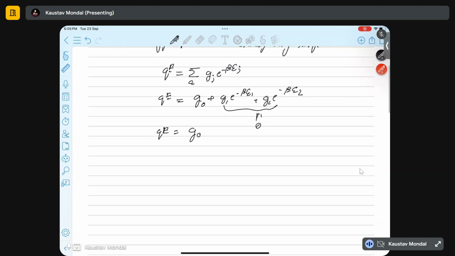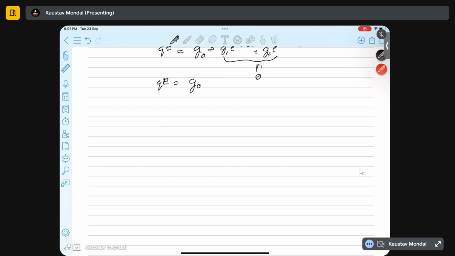After that, we discussed the total partition function formula. The total partition function Q simply takes the form Q_t into Q_R into Q_V into Q_E.